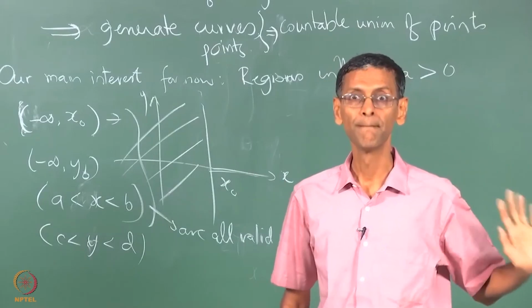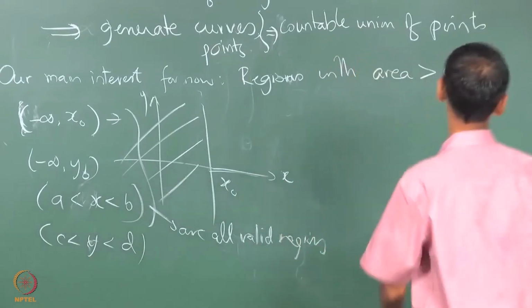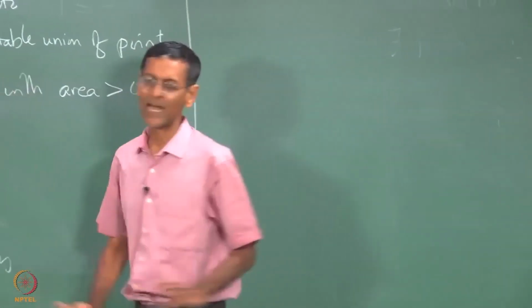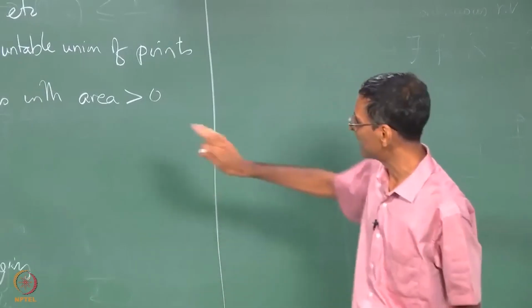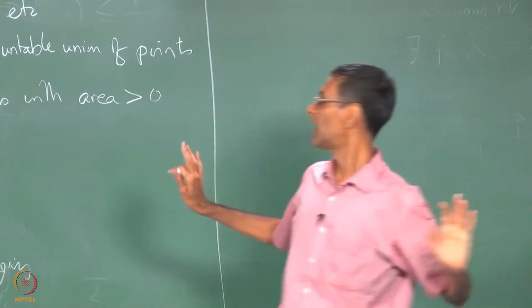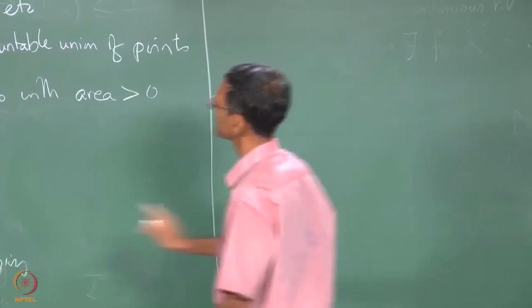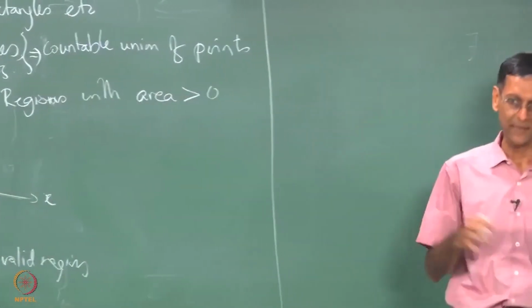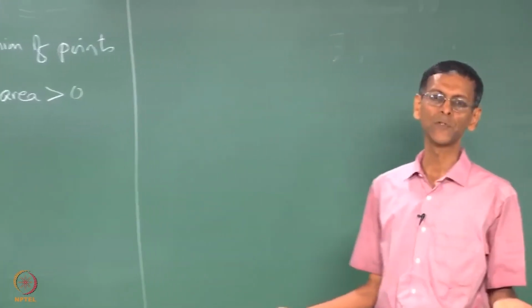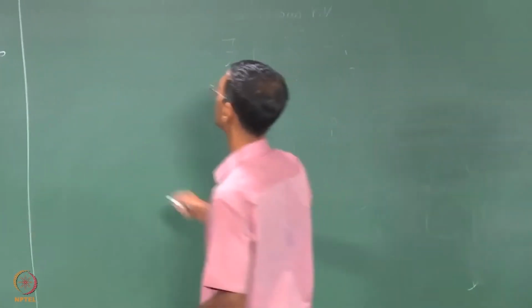Okay, so up to now I have not talked about any random experiment or anything of the sort. I am just looking at the plane and how to look at regions of the plane, that is all. Now we bring in the plane as the sample space of an experiment.